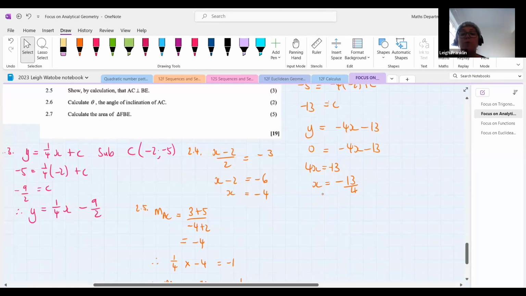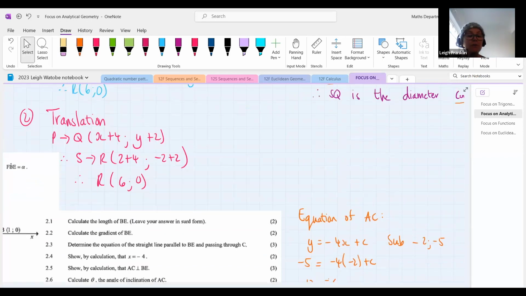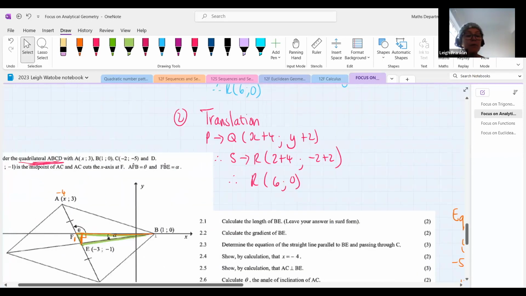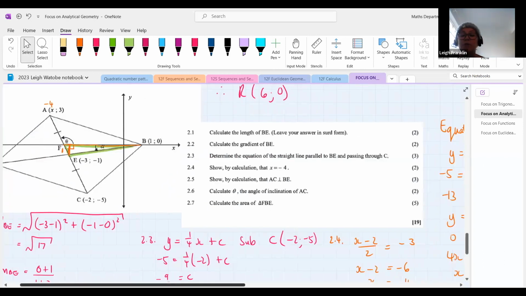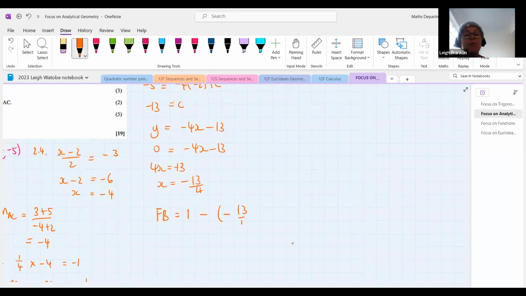Now to work out the length of FB, at B the coordinate was 1. At F, the coordinate is this horrible thing, which is -13 over 4. So the length of FB will be 1 minus -13 over 4, which would give me 17 over 4.